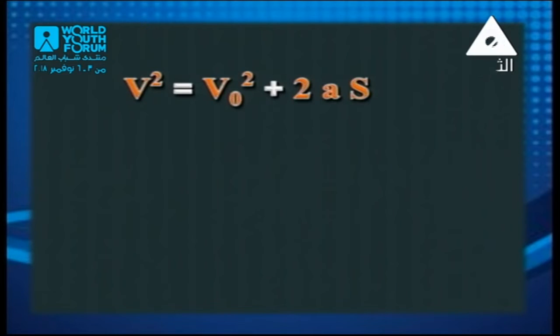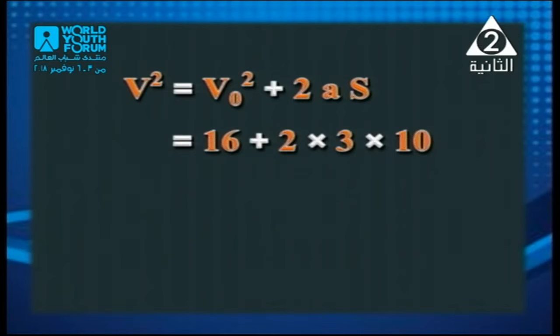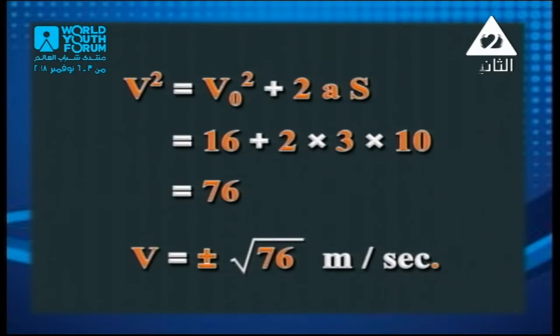By substitution, v square equals 16 plus 2 times 3 times 10, the answer is 76. This is v square. But the velocity, positive or negative, is the square root of 76 meters per second.